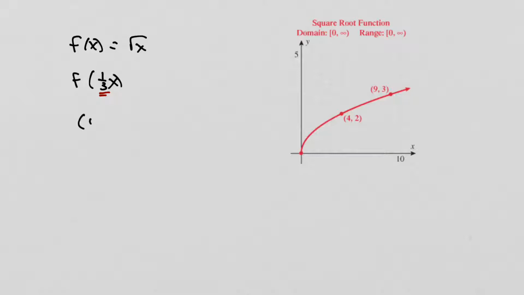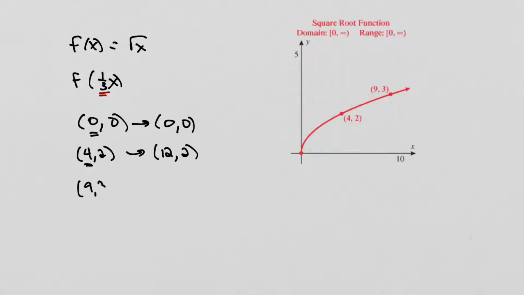So that point 0, 0, I will take the x value and divide it by 1/3. And if you remember, dividing by 1/3 is the same thing as multiplying by 3. So that'll still give me 0, 0. The point 4, 2, if I divide 4 by 1/3, same as multiplying it by 3, gives me 12. And the point 9, 3, if you divide that by 1/3, you get 27, 3.